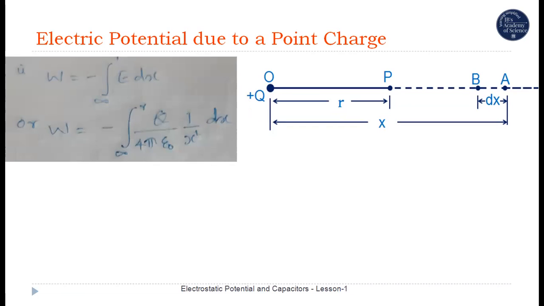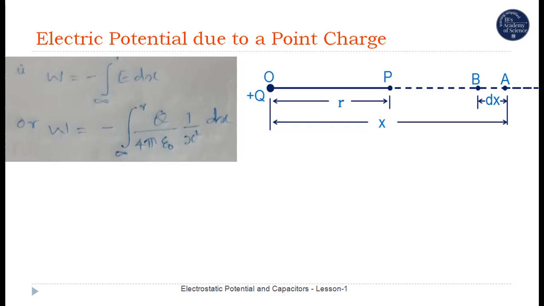Now the whole work done in moving the charge from infinity to the point P is given by integrating the small work, that is W is equal to minus integral of E dx within the limits of infinity to R, or W is equal to minus integral from infinity to R of q by 4 pi epsilon 0 1 by x square dx.